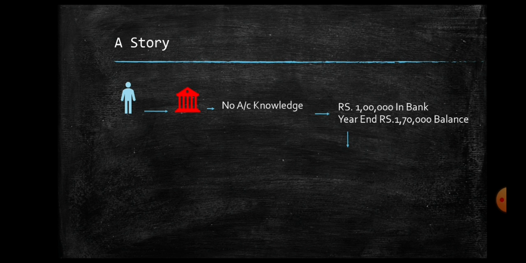He met his friend Mr. Y and told him that he had made a profit of rupees 70,000. Mr. Y, who is an accountant, asked him, how do you keep your records and find out the profit?